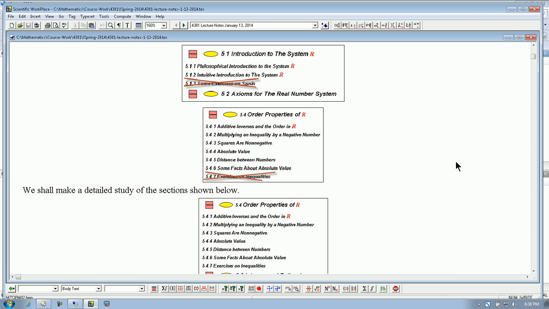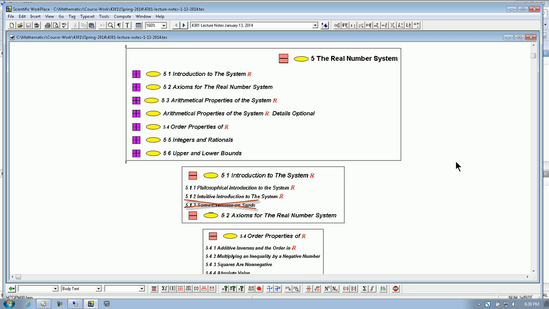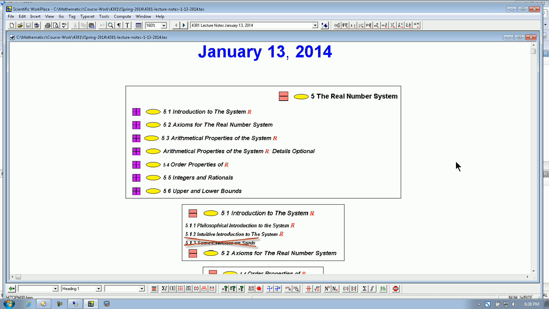So anyway, having said that, I'm going to actually get going with our material, and I want to let you know that our material begins in the text with chapter 5. Why?